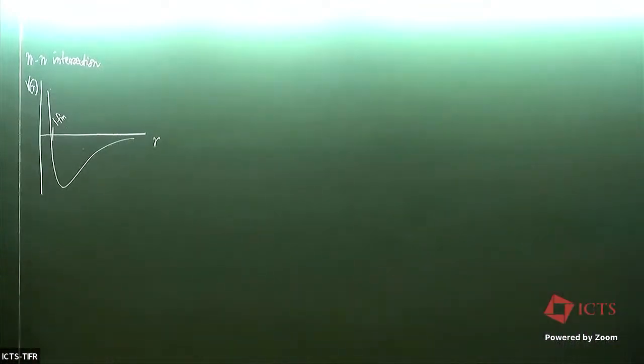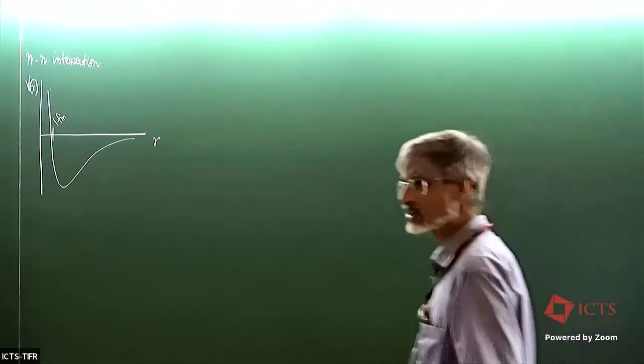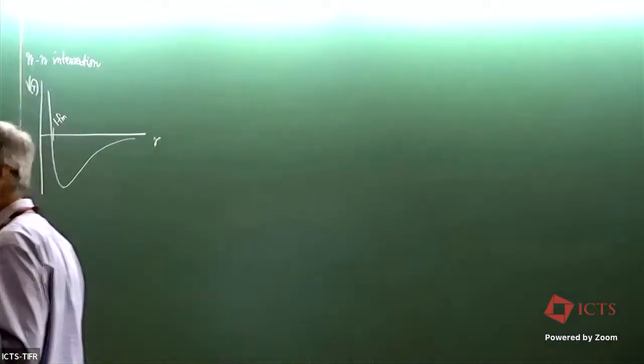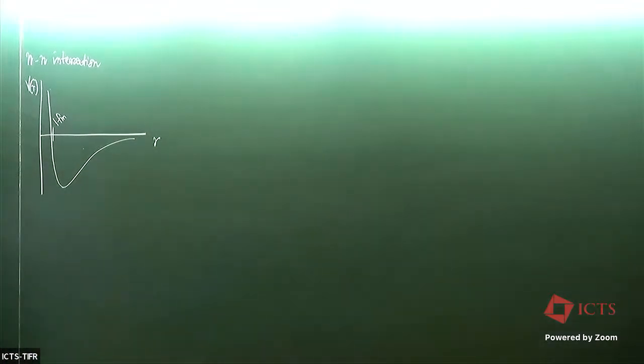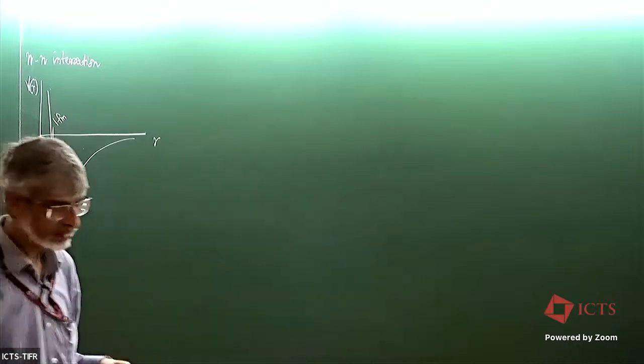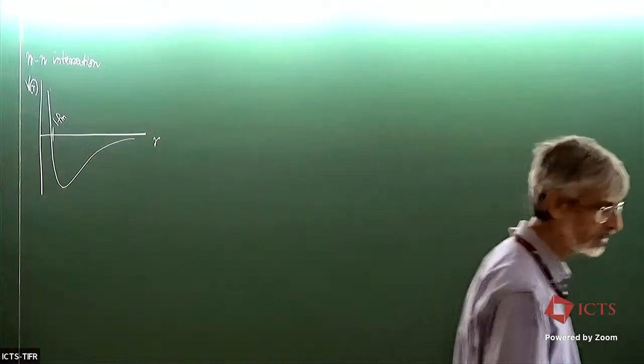QCD is a field theory. So is electromagnetism. So what steps would you follow to describe or evaluate energy density, let's say, or energy per particle in a given field theory?